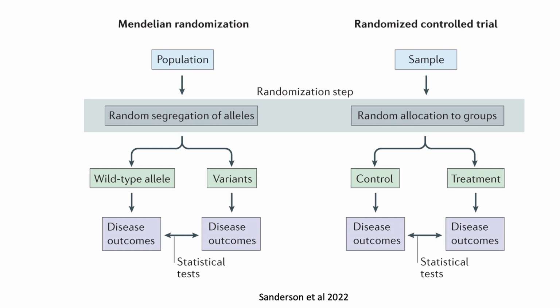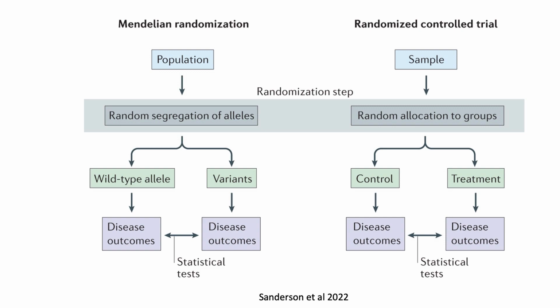Just think of it as a natural equivalent of an RCT, a natural experiment. In the population, genetic variants are randomly distributed. Just as in an RCT we have a control and a treatment, geneticists call the average, the standard one, the wild type, and then you have a variant to compare against that.